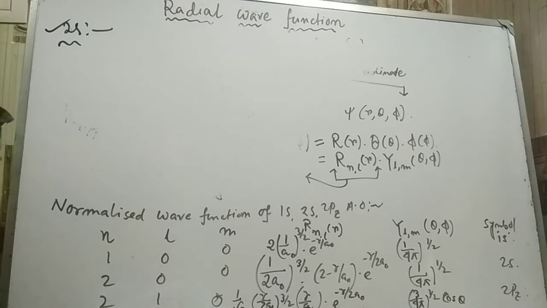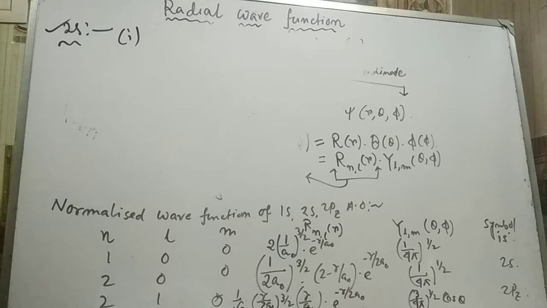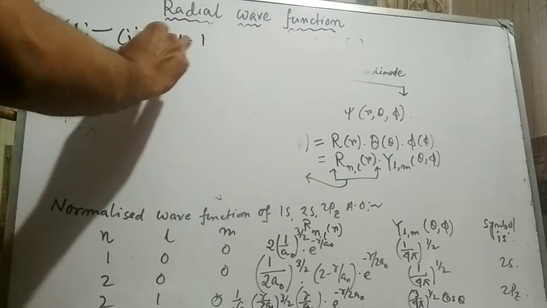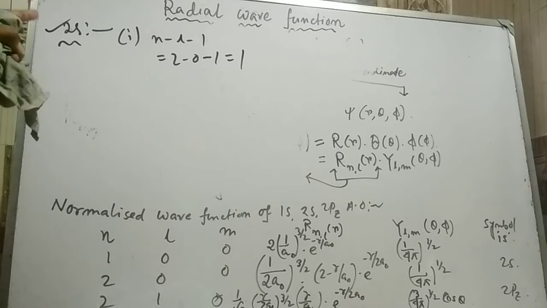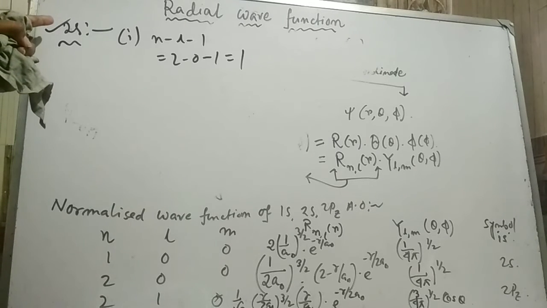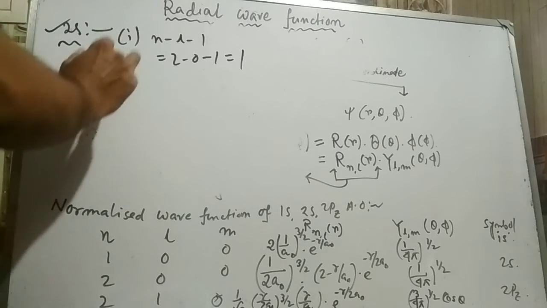When constructing the curve, firstly calculate the number of nodes. For 2s, the number of nodes is 2 minus 0 minus 1, that is 1 node. In the case of s orbitals, the curve is basically an exponential decay, so the curve cannot start from the origin.